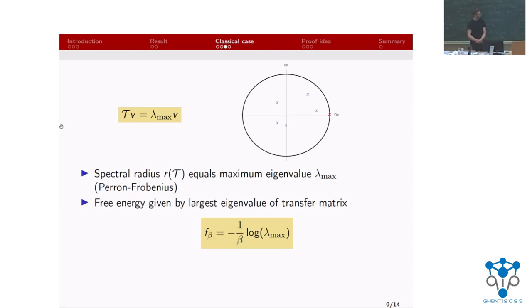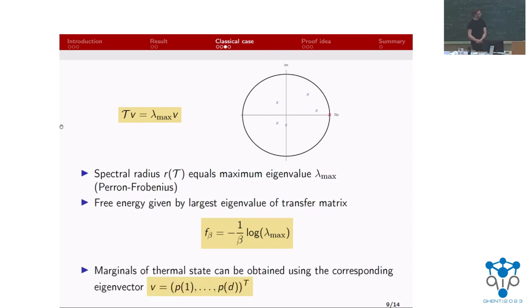So this is now the formula of the largest eigenvalue together with this normalization by the temperature. And also, if you want the thermal state, you just look at the corresponding eigenvector here, and it will give you the probability distribution of this thermal system on one side. So these are the probabilities of being in the states of the system.